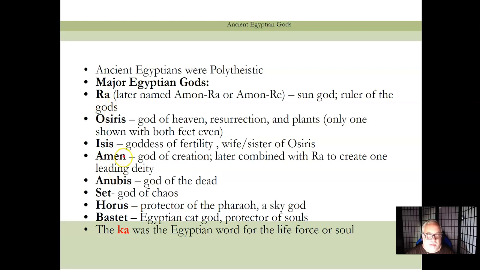And they didn't want him to become less important than Ra, so they basically combined Amen with Ra and made him Amen-Ra. Now, you might notice that I spelled it with an O here, an R-A and an R-E, and you might notice I spelled it with an E here. That's because Egyptian, just like Hebrew and just like Arabic, does not have vowels, only sounds. So Amen is sometimes actually spelled with a U because there is no correct way to spell it. It's how you pronounce it.